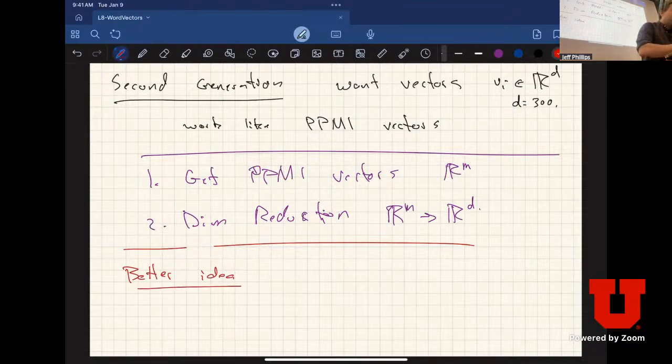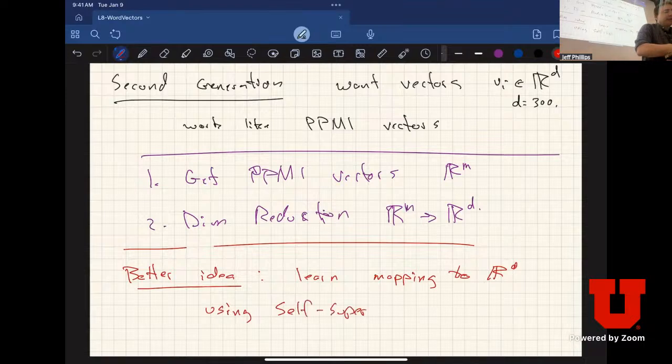A better idea was to learn this mapping to R^D using the approach I was talking about called self-supervised learning.